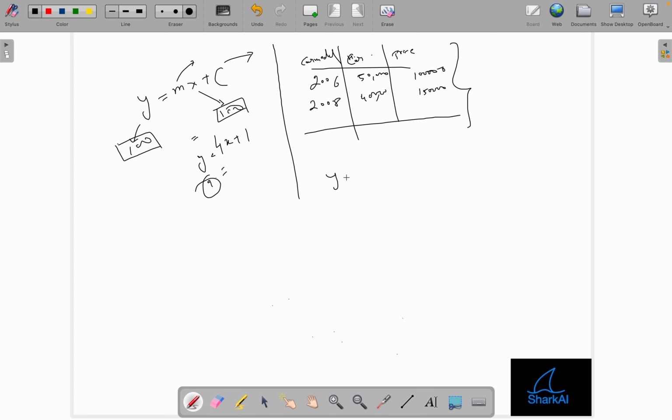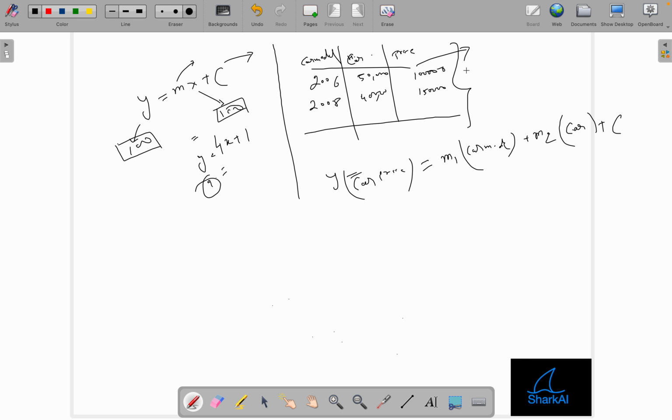So what is the y here? We are determining the price of the car, so y is the car price. Since we have two variables, y equals m1 times x1, where x1 is the car model, plus m2 times how many kilometers the car ran, plus c.